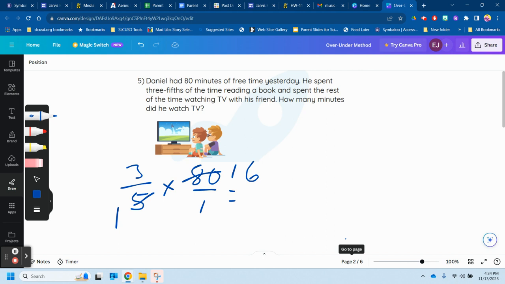Now, I have to multiply. 3 times 16. Now, I'm not real good, so I'm going to use the over-under here. I'm going to go under. Break this up. Make it 3 times 15 plus 3 times, how many left over? 1. I can break that up. 3 times 15, and how many did I leave off?